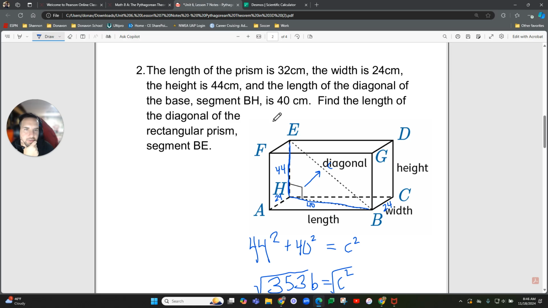That's a meaningless number for this. I mean, we can write it in there, but we don't need that. The length of the diagonal of the base, which is this here, is, oh no, segment BH is 40. Yeah, that's right. Height is 44. Okay, yeah, so that's right.